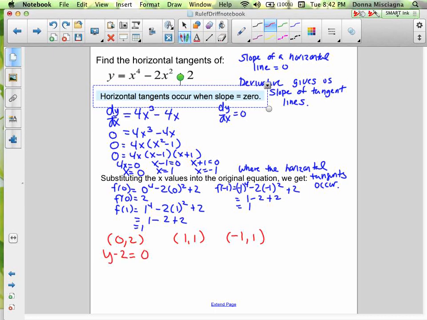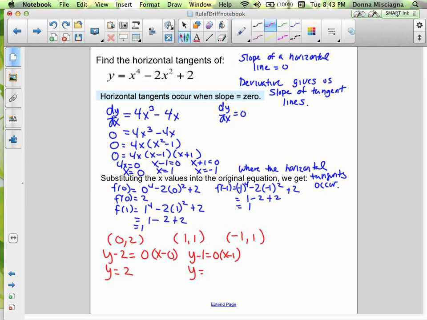Well, 0 times x minus 0. So I hope you see that that's going to be y equals 2. And you probably figured out the other ones, if not, here I'll write it out: y minus 1 equals 0 times x minus 1. It's y equals 1.